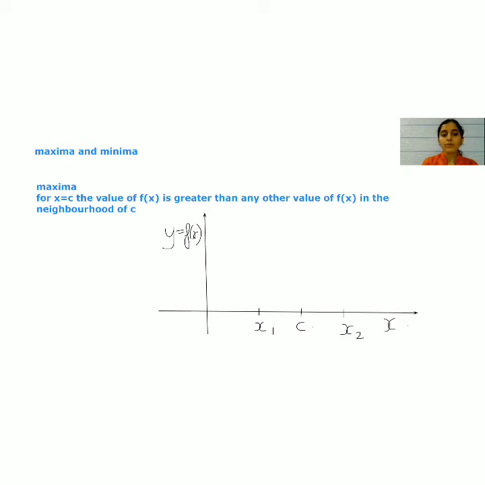But when do I say that it is the maxima of the function? When I find out the value of f of x at x1, that is f of x1, I'll find out f of x2 and I will find out f of c. So when I find out f of c, what I'm supposed to be getting in the graph?